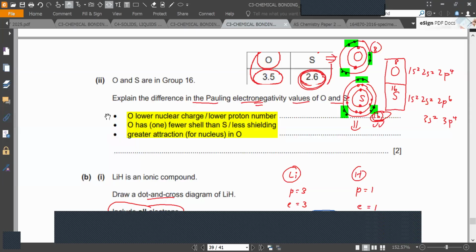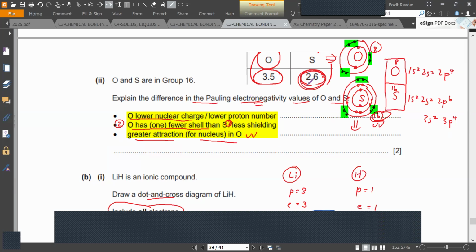Oxygen has a lower nuclear charge, but has fewer shells than sulfur. Oxygen is shell number 2, sulfur is shell number 3. Because it has fewer shells, oxygen has a greater attraction for the electrons. So that's why oxygen has a higher electronegativity value.